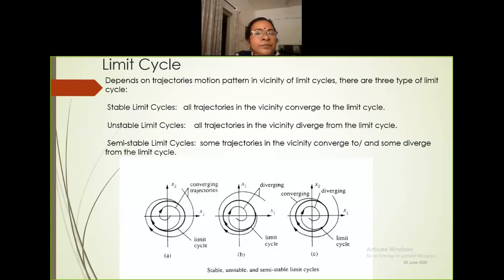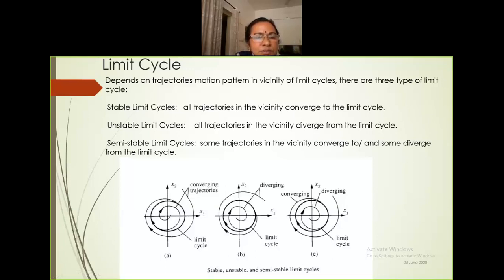Then what is a stable limit cycle? You see the nearby trajectories. Can you see the nearby trajectories? This one is one trajectory nearby, and this is another one. So these two are the nearby trajectories of this closed path. This bold one is the closed path. Then you analyze the converging trajectories.